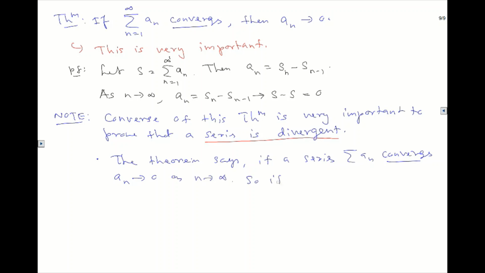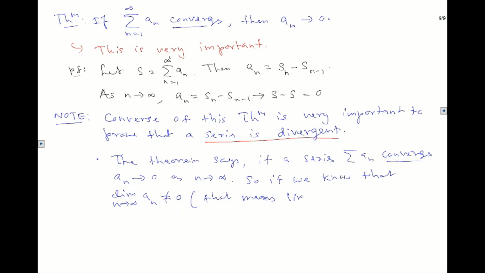So if we know that the limit of an is not equal to 0, something else, how can that happen?